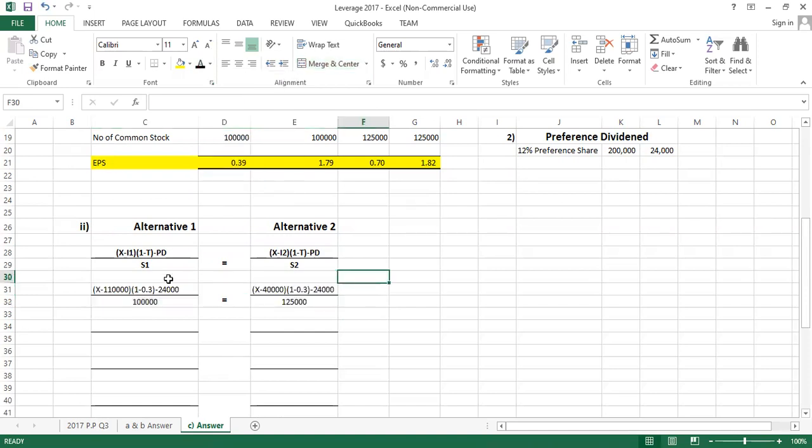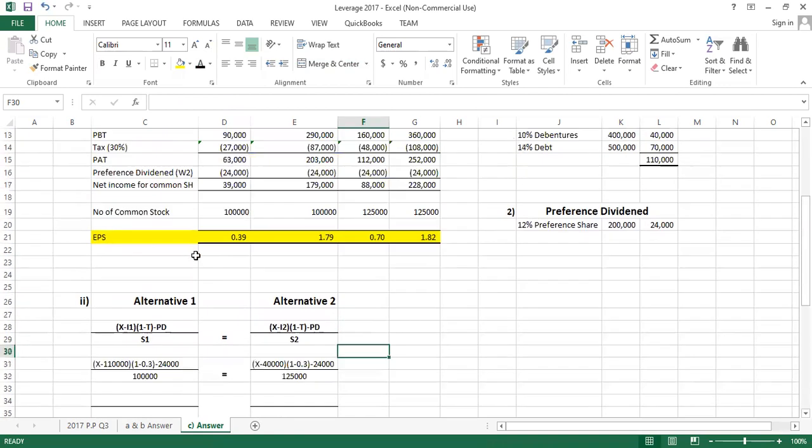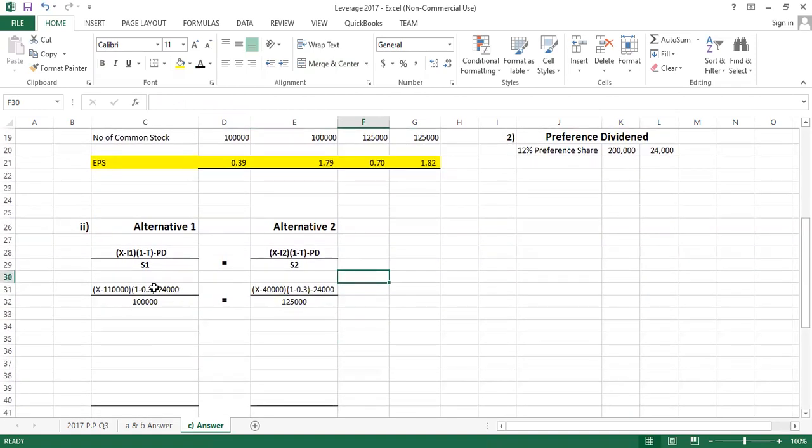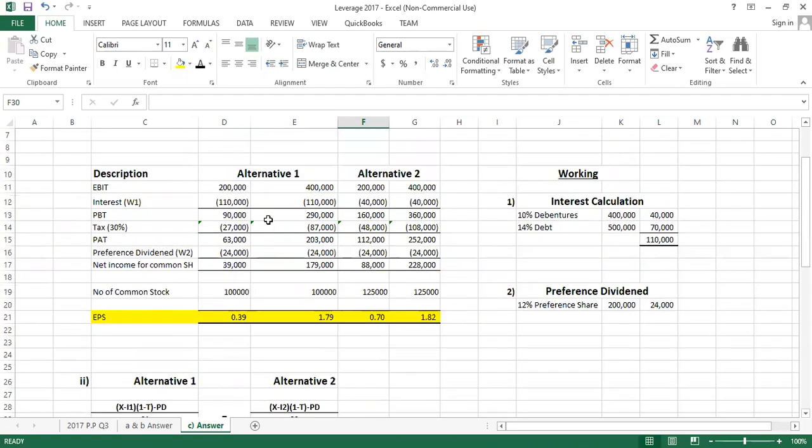I have already added the amounts. X minus interest 1, the alternative 1 interest, which I already calculated as 110,000. So (X minus 110,000), close the bracket. Again open the bracket, 1 minus t, that's 0.3, as given in this question. Close the bracket, minus 24,000 preferred dividend, divided by 100,000 number of common stock. Alternative 1 common stock is 100,000.